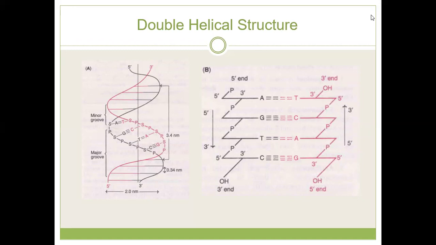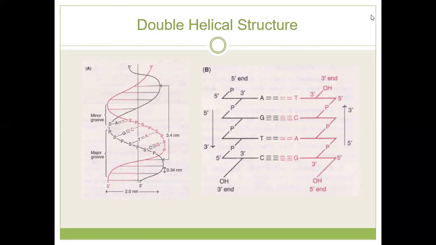For example, when you have this strand as 5' to 3', then the other strand will be 3' to 5' end. So we said the two strands in the DNA are anti-parallel to each other. One is running 5' to 3', while the other one is running 3' to 5'.